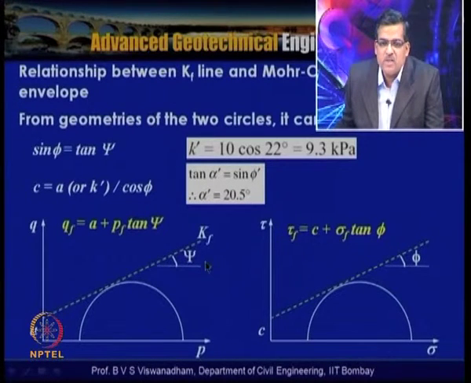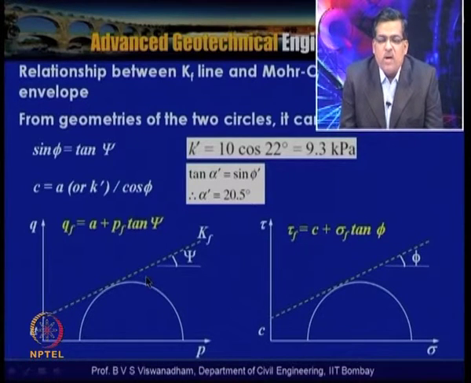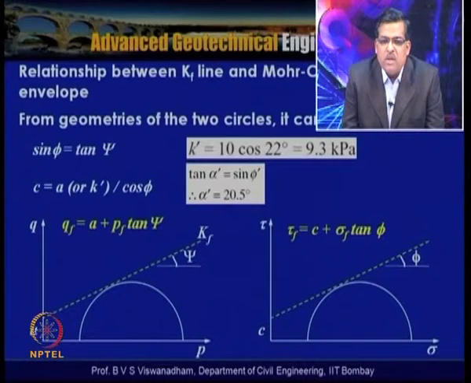So alpha dash, equal to psi, the inclination of the KF line, is 20.5 degrees. Like this, we need to look into the same for getting the different parameters at failure from the basic data deduced from the triaxial test.